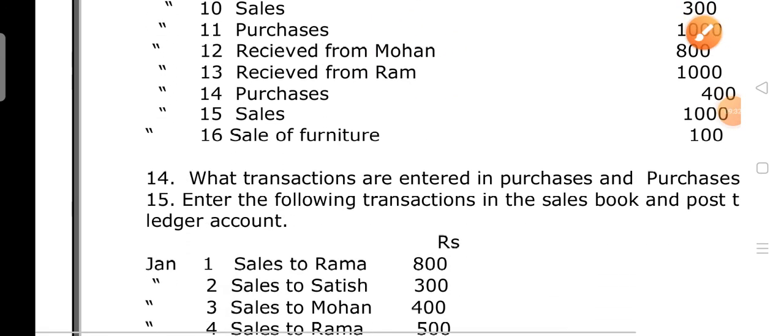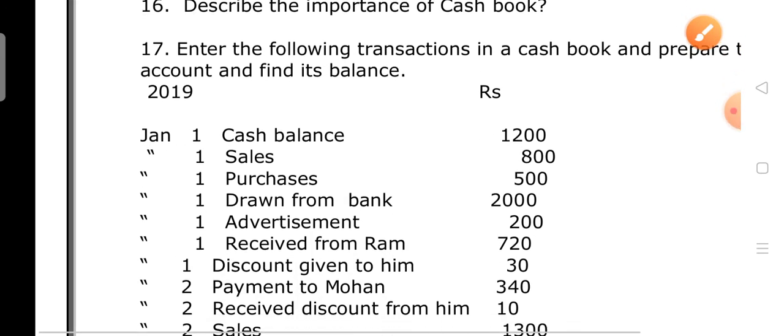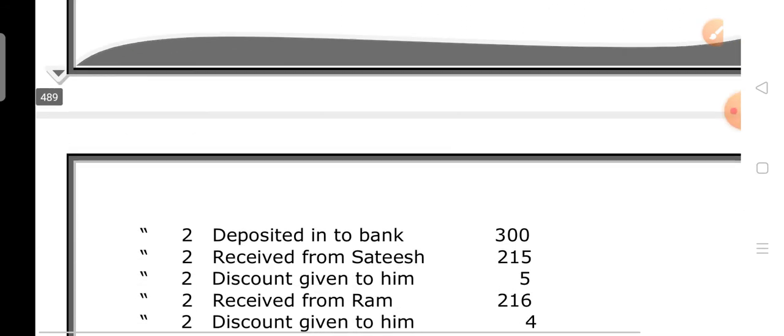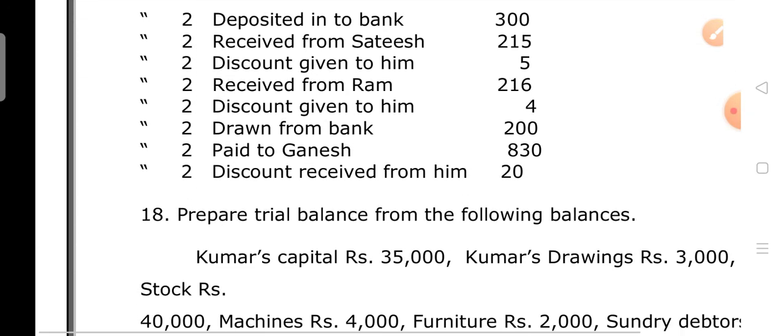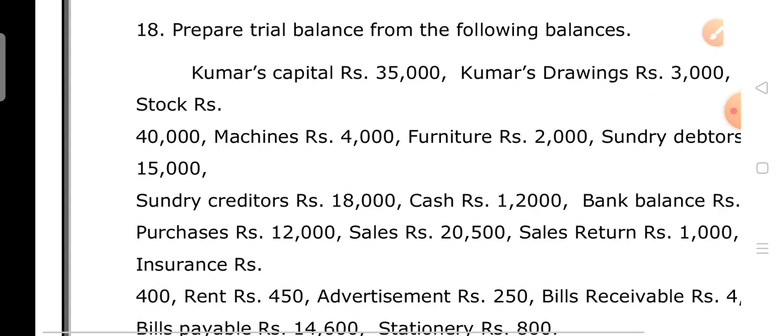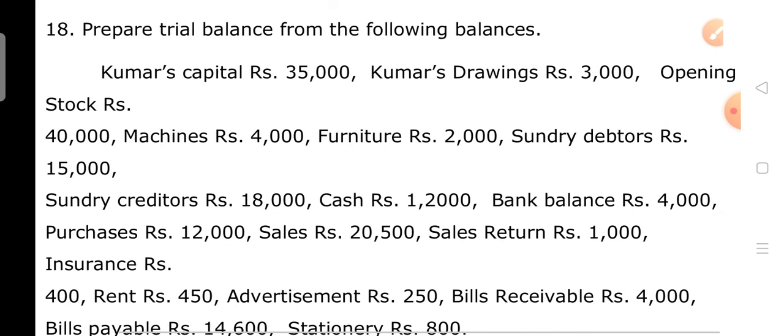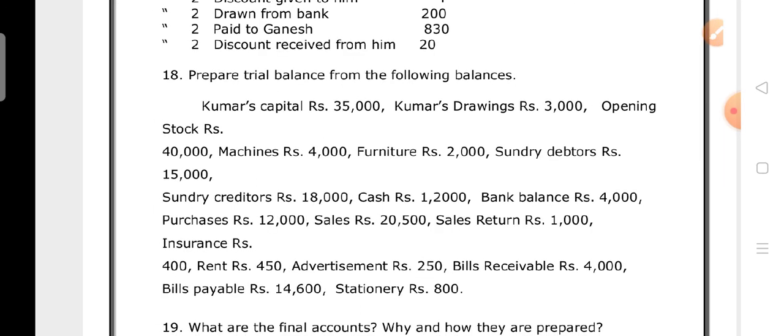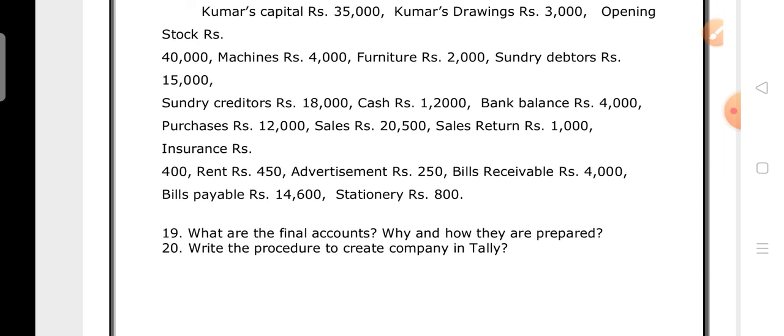Okay, you read here the 17th question continuation. The 18th question, prepare trial balance from the following balances. 19th question, what are the final accounts, why and how are they prepared? Write the procedure to create a company in Tally.